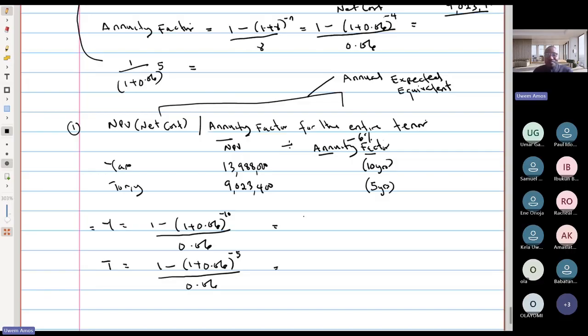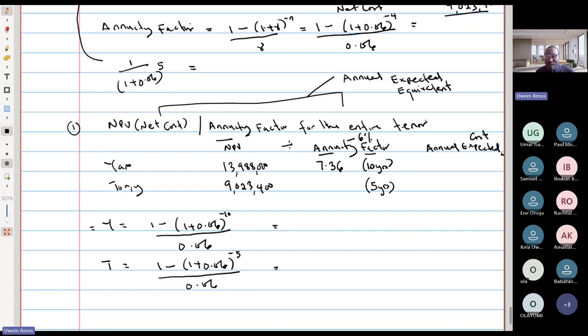By my calculator, for Yarrow, I have 7.36. So what will be the annual expected cost? 13,988,000 for 10 years divided by the annuity factor for those 10 years of 7.36.